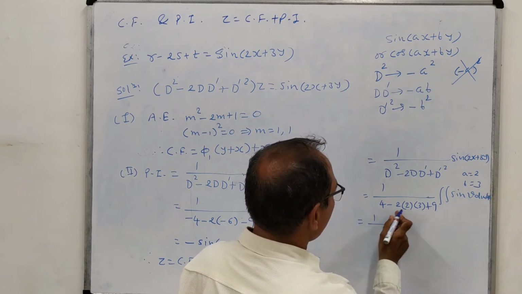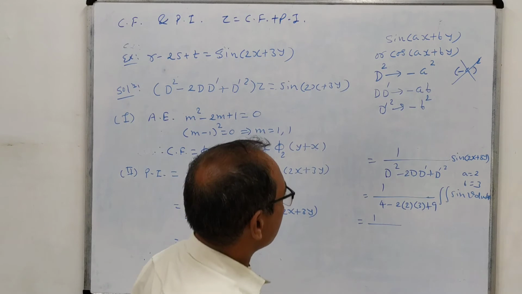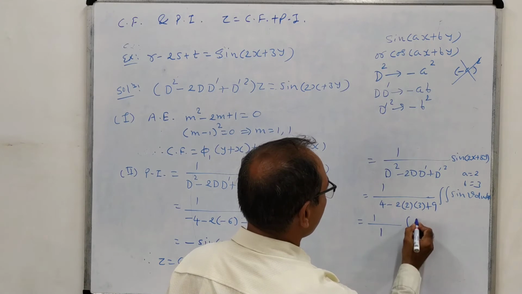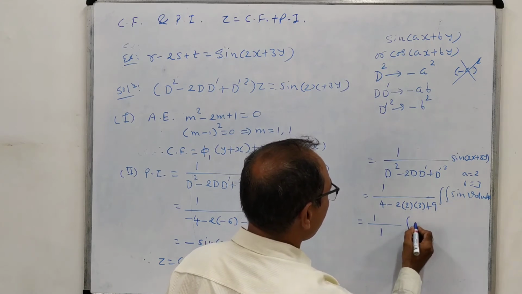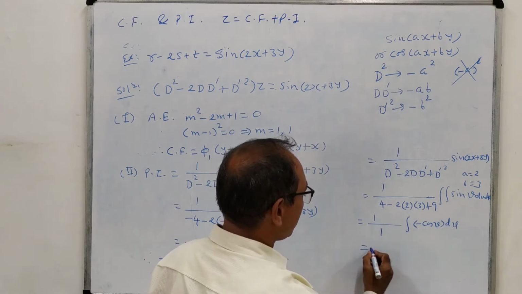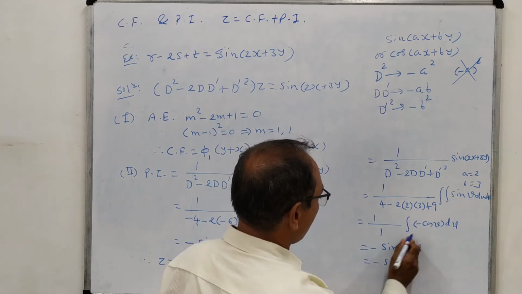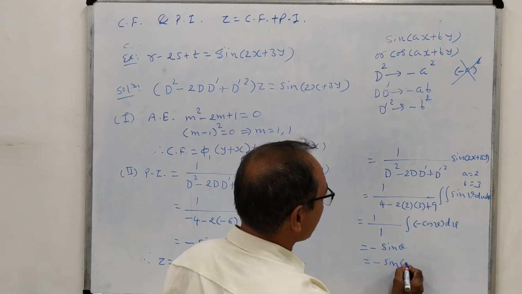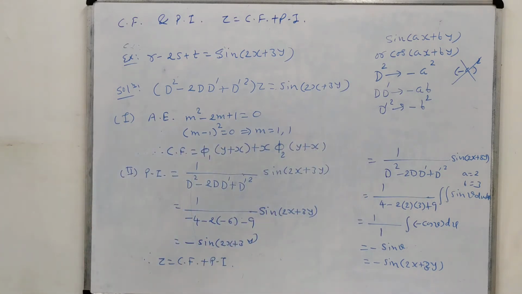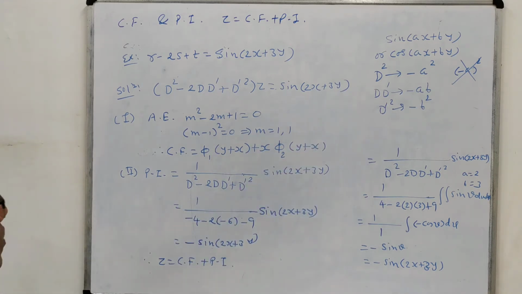So this is 4 − 12 + 9, that means 1, into double integration of sin v. The integration of sin v is −cos v, and the integration of −cos v is −sin v. So we get −sin v, where v is 2x + 3y. So you can get the same solution. If you forget this procedure, then you can use the standard procedure.